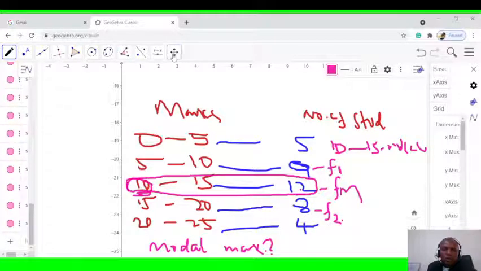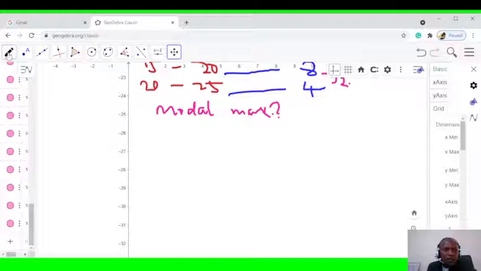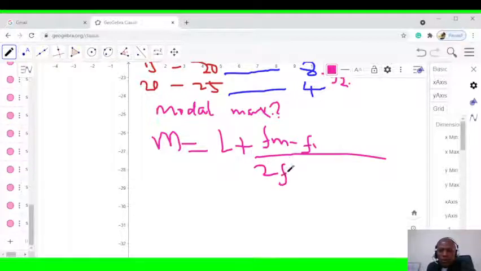So you simply come and substitute in your equation. We say that the mode is the same as the lower class boundary plus FM minus F1, divided by 2FM minus F1 minus F2, times the class interval.